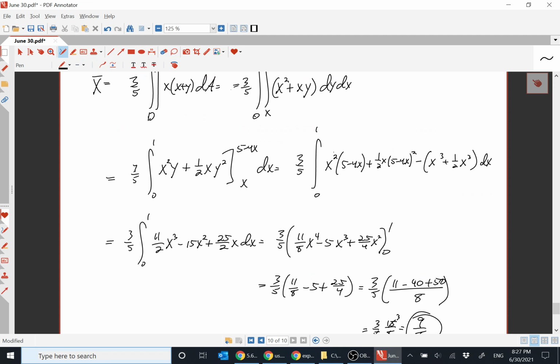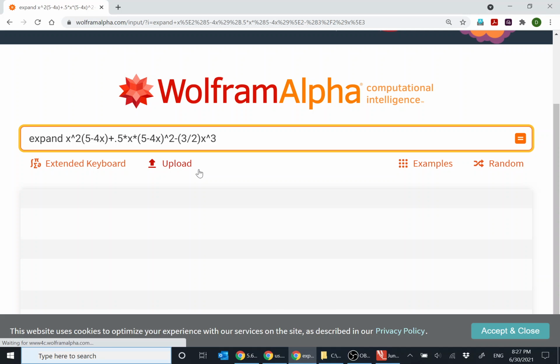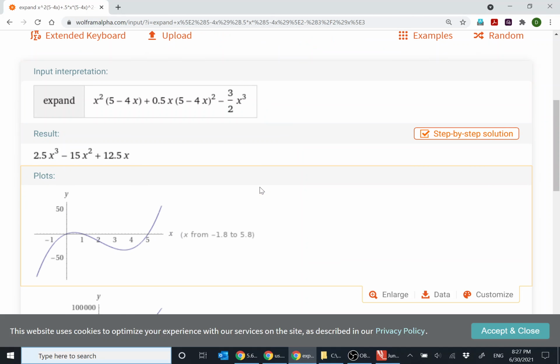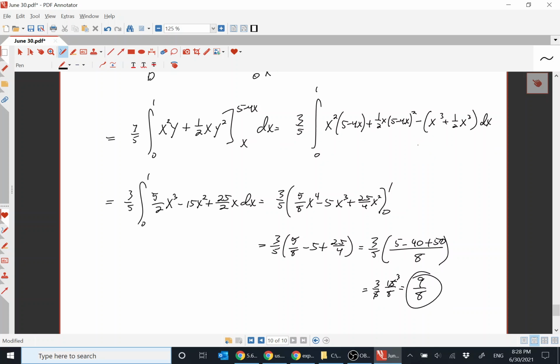X squared times 5 minus 4x plus 1/2 x, 5 minus 4x squared, minus 3/2 x to the third. No, so 5/2 minus 15 plus 12.5. Three-fifths times 5/8. Well, 15/8. So that's a 3, so 9/8.